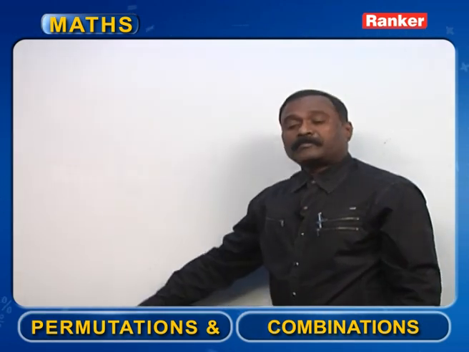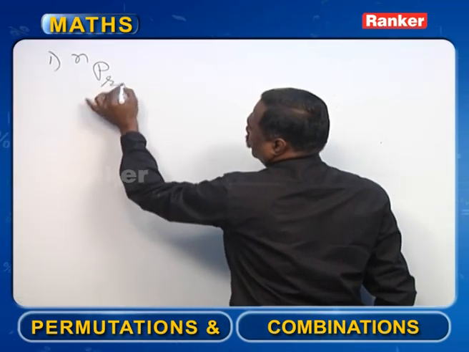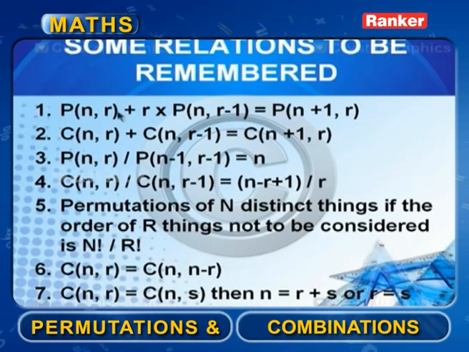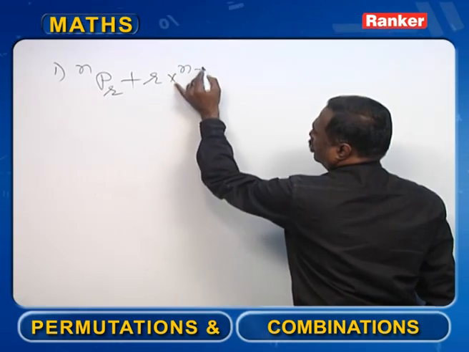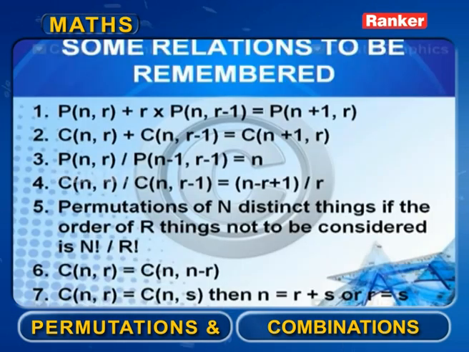In the first result, some relations to be remembered. First one, you can see it is nPr plus r into (n minus 1)P(r minus 1) is equal to (n plus 1)Pr.